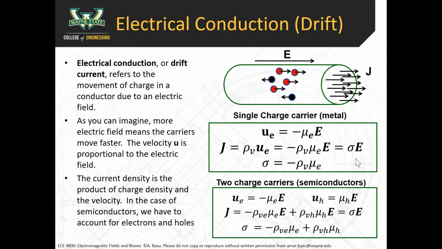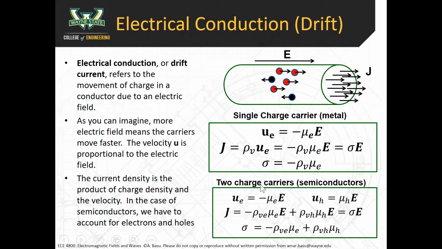U is velocity, a vector quantity, and mu is mobility. Mobility is a property of the material we're talking about. Highly conductive materials tend to have very high mobilities. Graphene is an example of a material that has really high mobilities, so that's why there's a lot of interest in using it as interconnects and things like that.